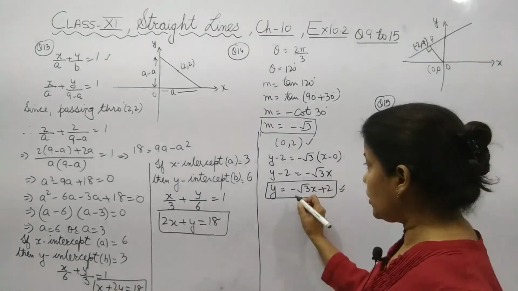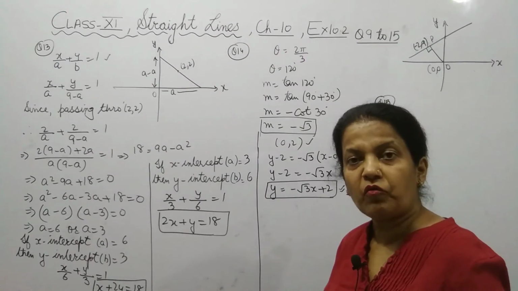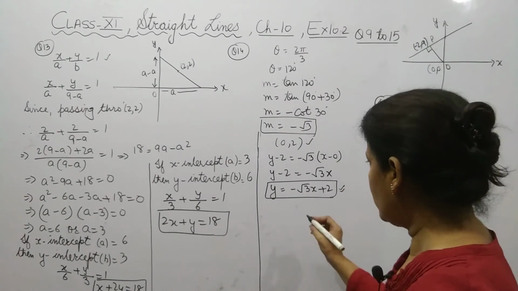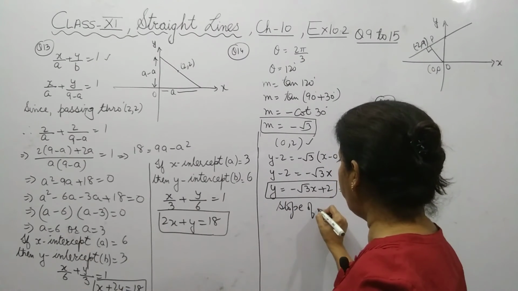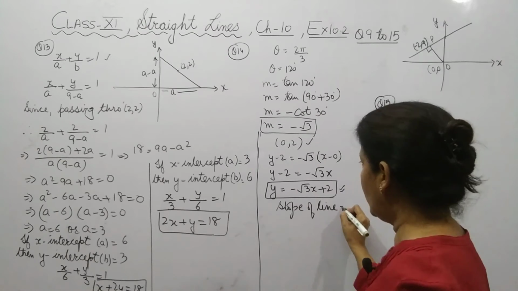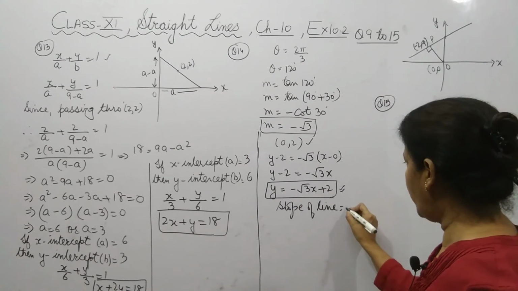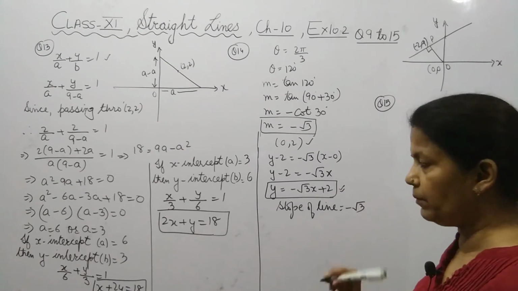Okay. So since it is the equation of the line which is parallel to this, what is the condition if it is parallel? m1 equal m2. So the slope of the line in y equal mx plus c will be minus root 3. Both the slopes will be equal.